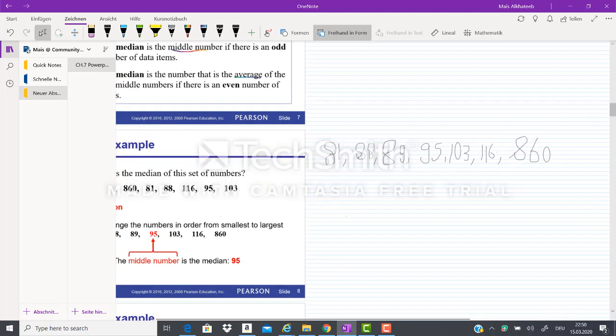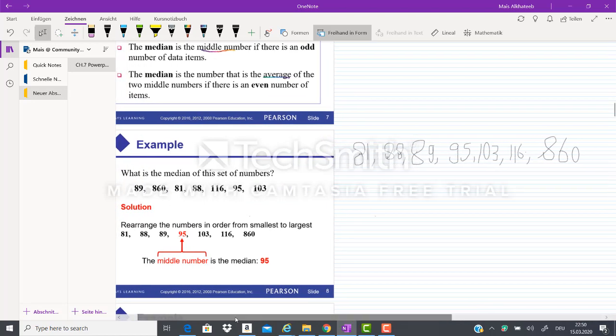I have now this example. What is the median of the set of the numbers 89, 860, 81, 88, 160, 95, 103?